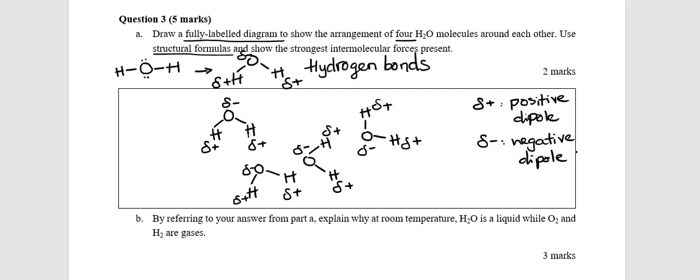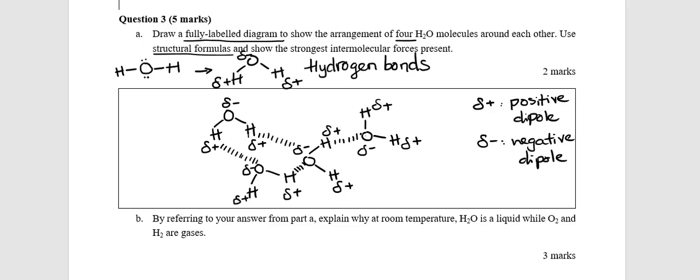Now I also need to label the intermolecular forces, and you want to make sure that you don't use solid lines when you label intermolecular forces. You don't need to show every hydrogen bond that can be formed, but you need to have at least a few between the positive dipole of one molecule and the negative dipole of another molecule. So I'm going to do something like this and like this.